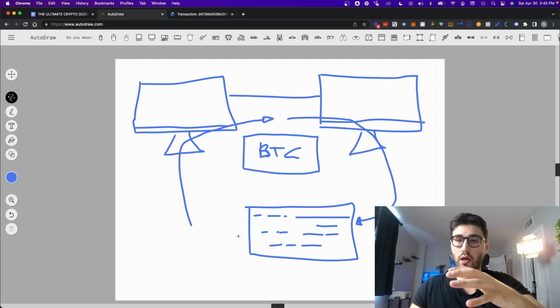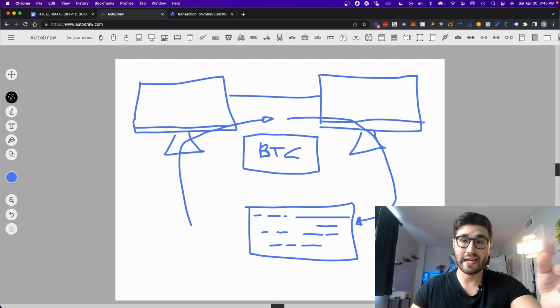The only issue with that is that it requires a decent amount of electrical power to keep all these networks and all these, they call them mining rigs, running to process these transactions.